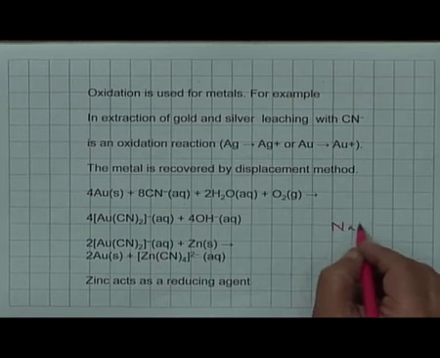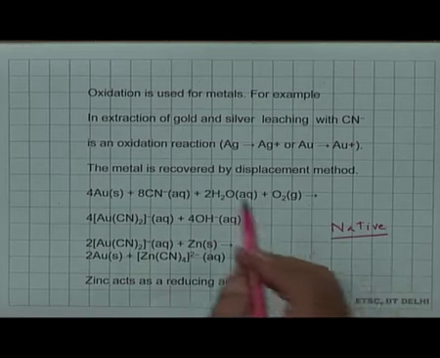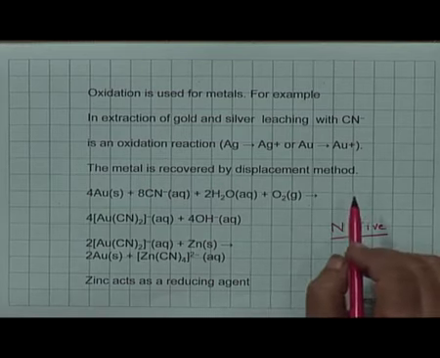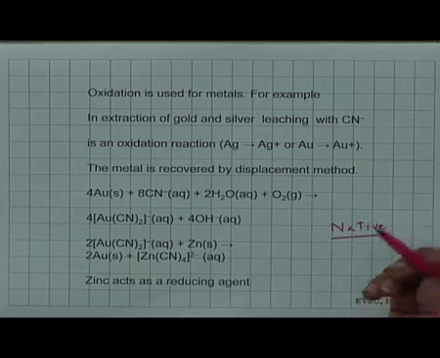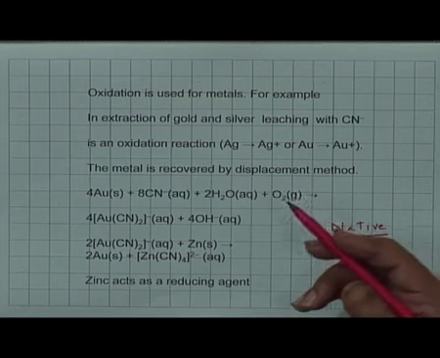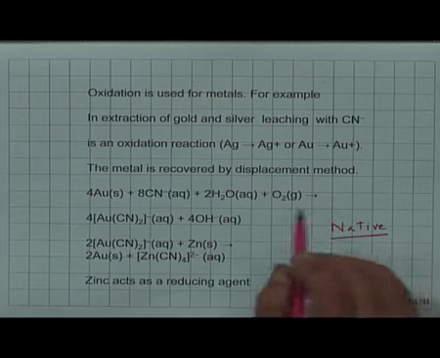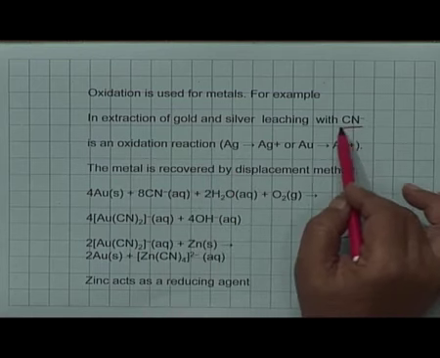What is native form? Native form means that they are not in combination with sulphide or oxide, just free gold and silver, some dust or some rocks may be around them. So, they are leached with cyanide.